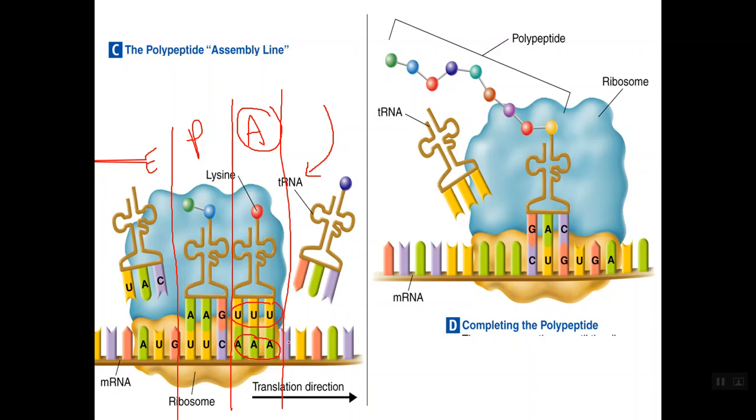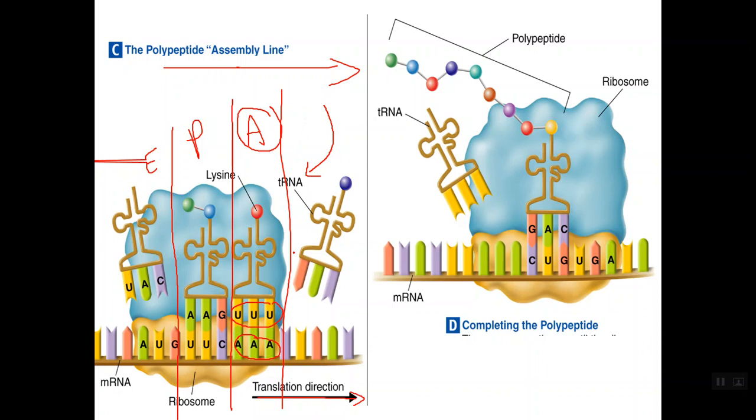and then the ribosome scoots to the right in this picture. The whole ribosome moves to the right. And then another tRNA comes in. The base pairs match on the anticodon and the codon, and the amino acid is dropped off.